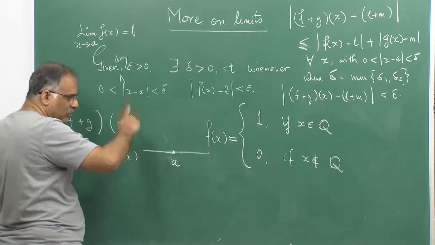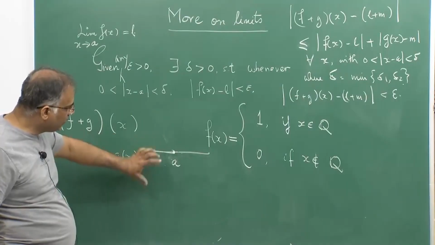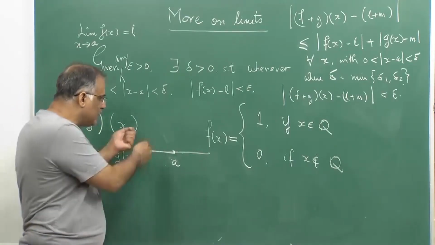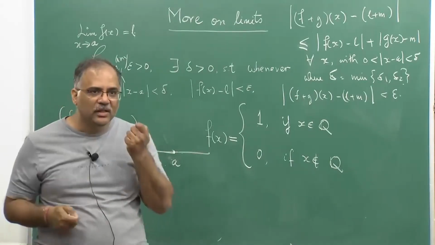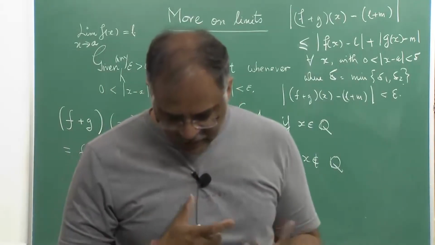So they are oscillating 1, 0, 1, 0, 1, 0. You can imagine in your mind that obviously it is not going towards any limit. Now how would you handle that scenario?